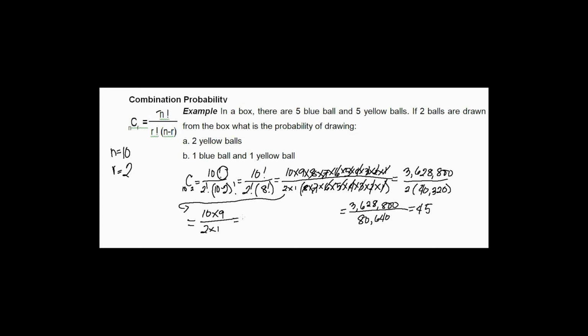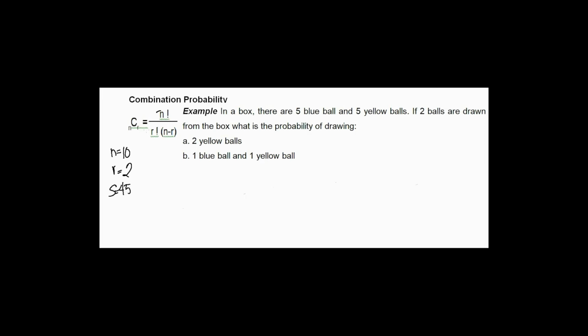Next, we multiply 10 times 9, which is 90, and 2 times 1 is equal to 2. The value will be 45. If you observe, we have a similar result. So our combination, or sample space, will be 45. Now we have n equal to 10 and r equal to 2, and the sample space is 45, or the combination is 45.